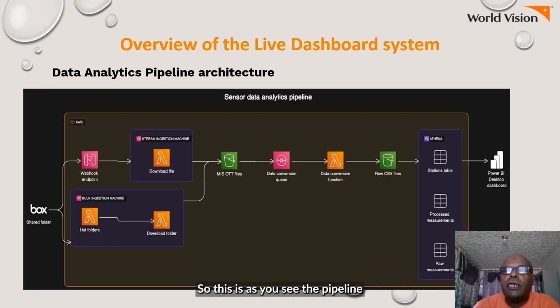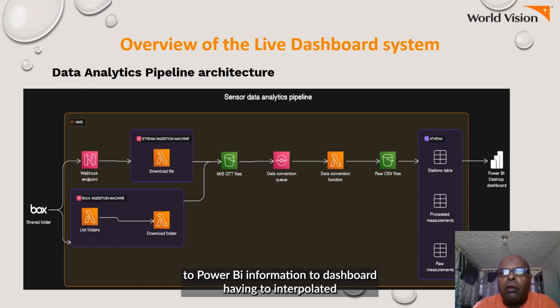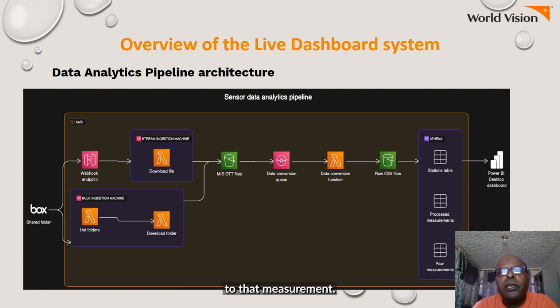So this is the pipeline architecture from Box to Power BI, an overview of how this data was analyzed from box.com. Then it is changed to Power BI information for the dashboard, interpreted into the measurements.